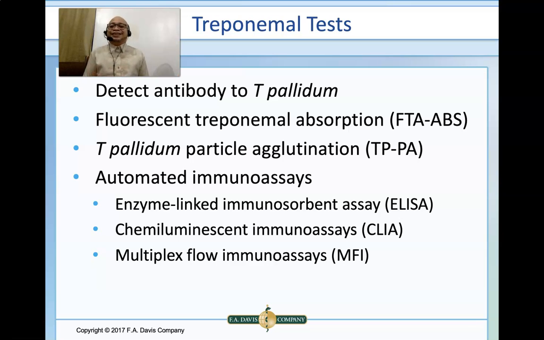Before, when I was still in college, we were taught that the reference test is the TPI, Treponema pallidum immobilization test. Well, that's quite difficult to do because you are required to have live Treponema pallidum. Whenever this live Treponema pallidum is immobilized, that is considered a positive result.